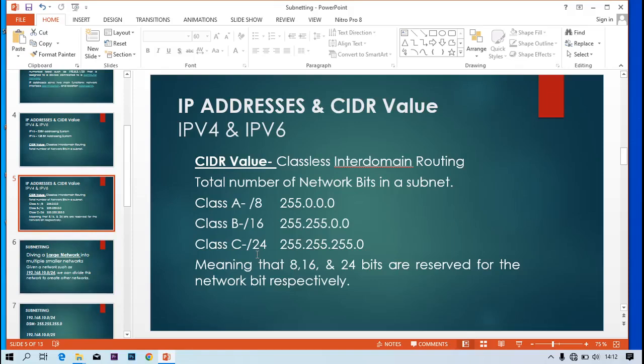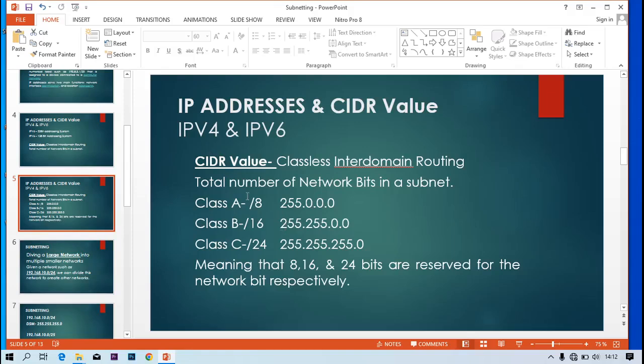These classes are applicable in IP version 4, and that's why everything is ending around 24 bits and 32 bits.